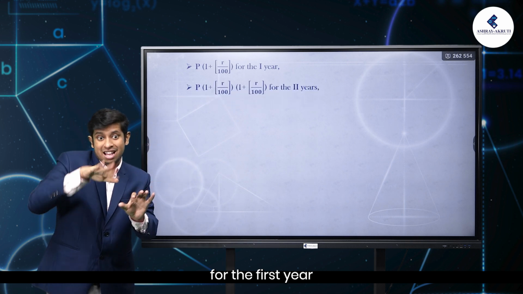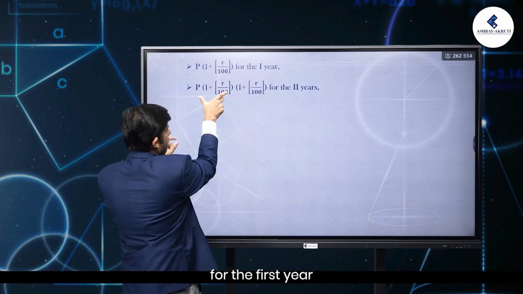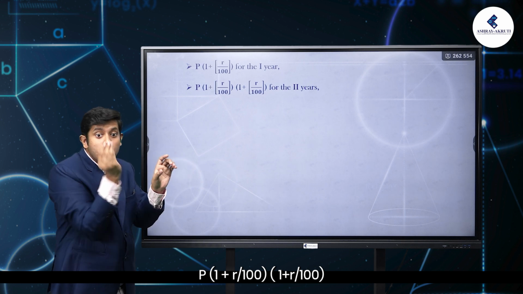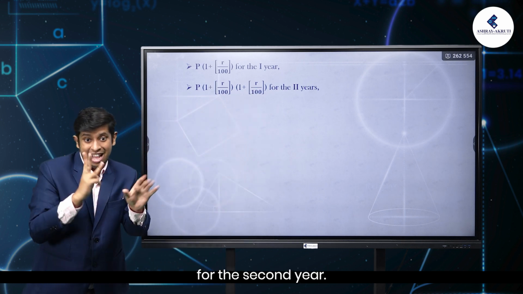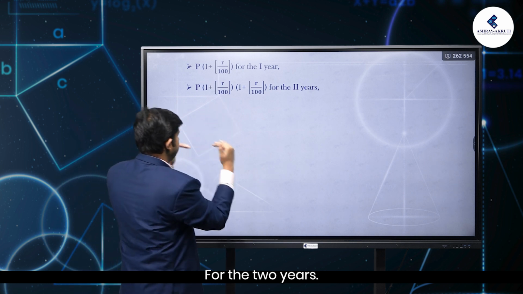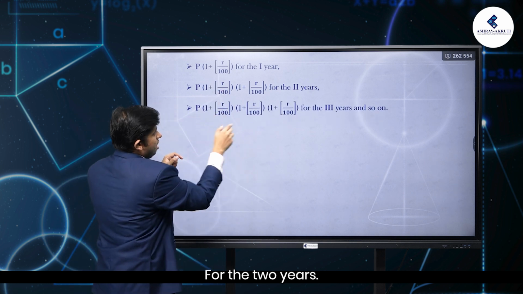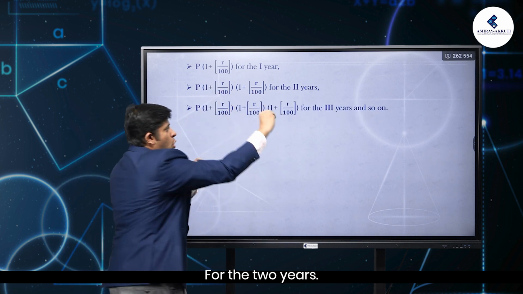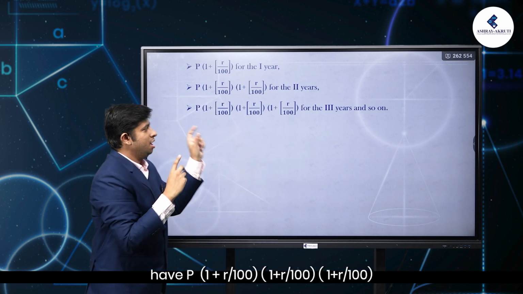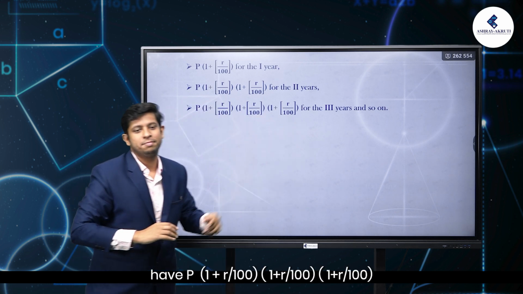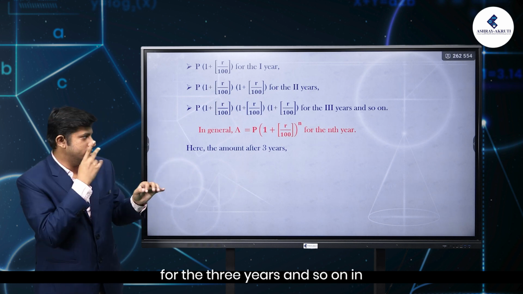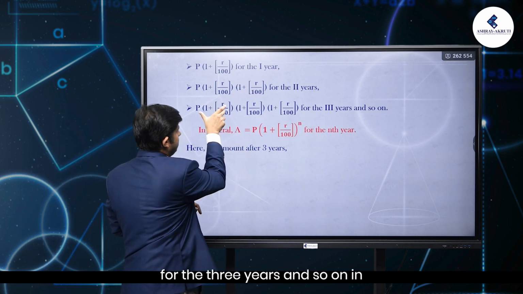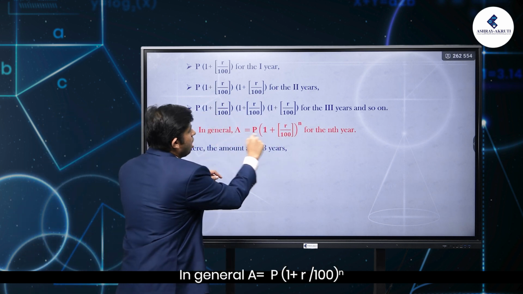In the same way, P of 1 plus R by 100, 1 plus R by 100 for the second year, for the 2 years. Next, we have P of 1 plus R by 100, 1 plus R by 100, 1 plus R by 100 for the 3 years and so on. In general, A equals P of 1 plus R by 100 to the power of n for the nth year.